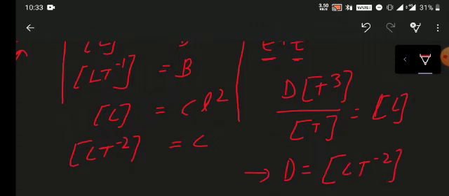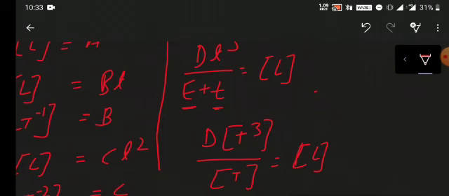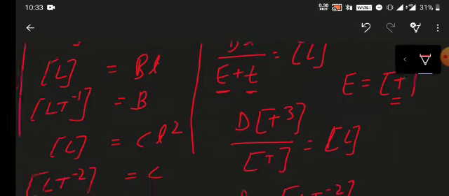This is your final answer for d. Now what about e? E has the dimension of t. So this is all about the dimensions: similar physical quantities have the same dimensions. Okay, it is clear. Now let's talk about some applications of dimensional analysis.